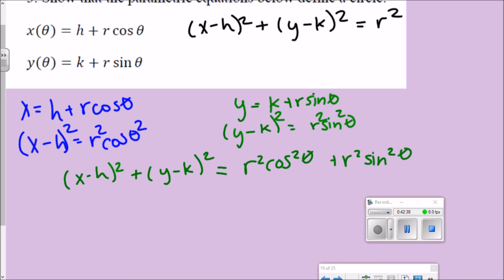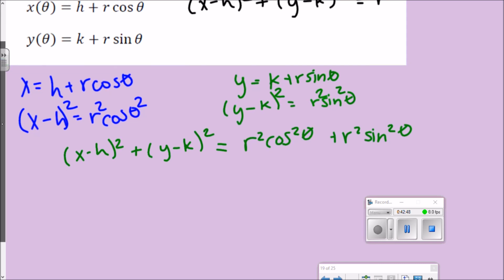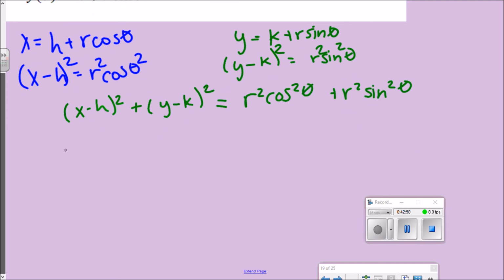Now, here's the cool part. Here's where our dreams become reality. We have the left side of our equation. Can you think of how we get to our right-hand side of our equation? Give you a hint, it's a trig identity. Maybe you can figure it out before I put it here. Here's what I'm going to do. I'm going to pull out a greatest common factor of r squared.